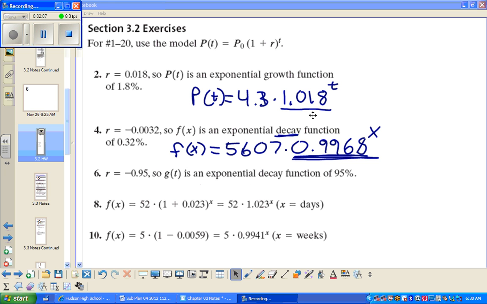Or you could think of it as 0.018 added to 1, and 0.018 is 1.8%. And then here you would take 1 minus 0.9968, and that would give you 0.0032. Write that as a percent, it's 0.32%.